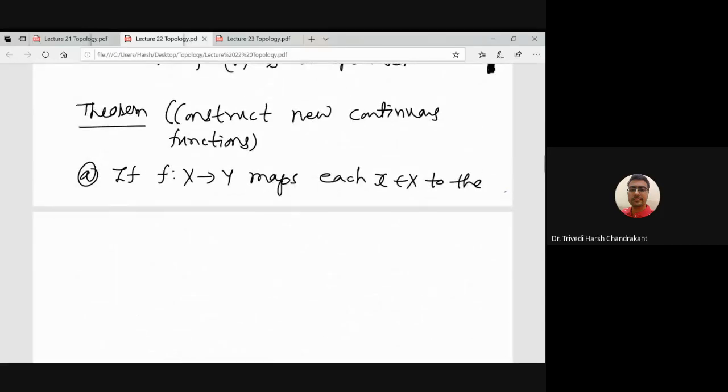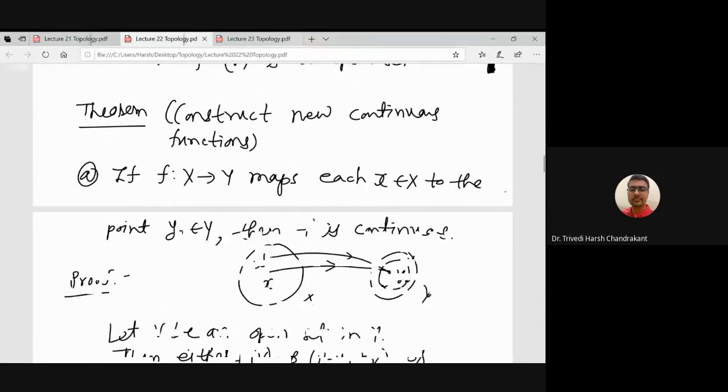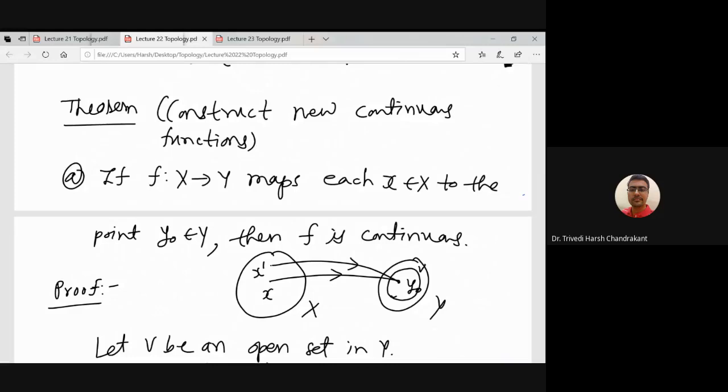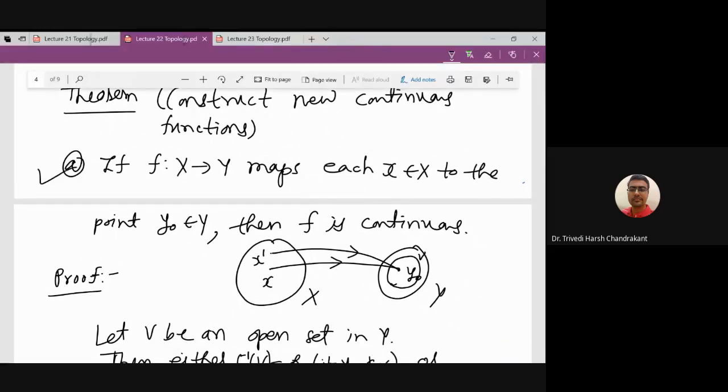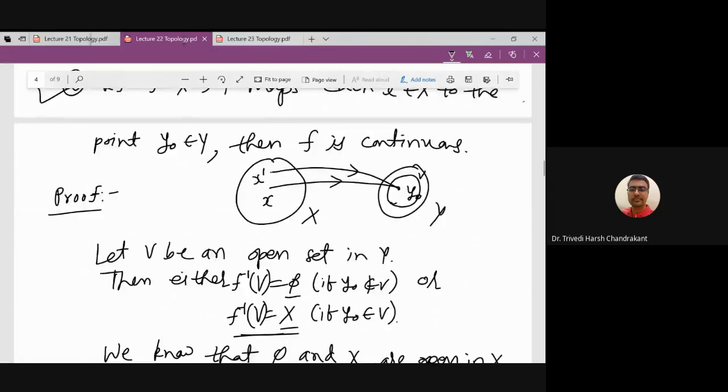And then we were discussing some special continuous functions, how to construct certain examples of continuous functions. The first example is that a constant function is always continuous. So that we checked.